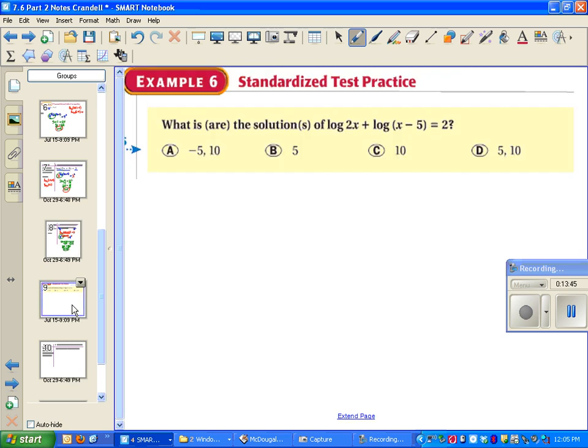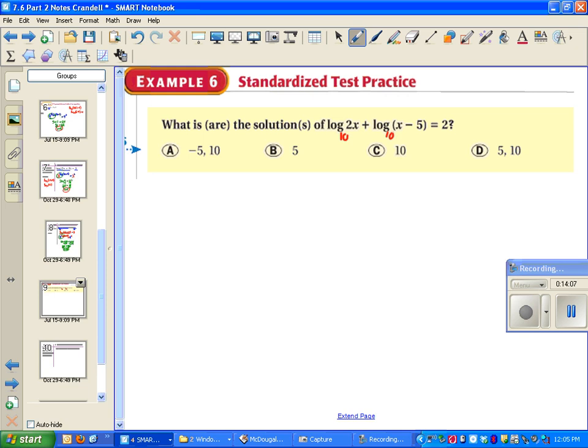All right, now look at this one. Log base 10 of 2x plus log base 10 of x minus 5 equals 2. So how do we do this one? I can't exponentiate all of that because of the plus sign.